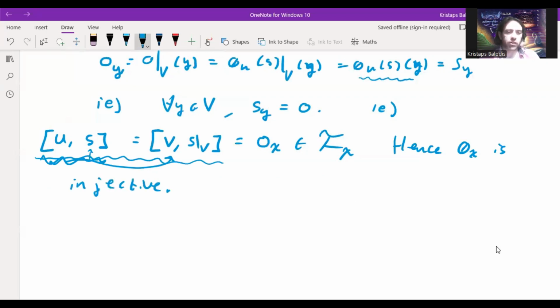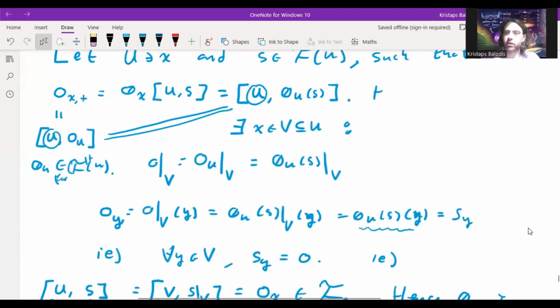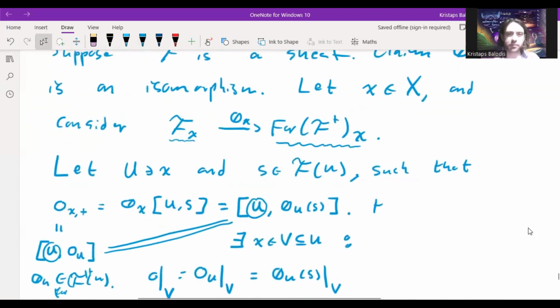Okay, so I know that's a little confusing, but this is a very instructive proof about how things normally go with sheaves. We can check things on these local levels, on stalks and germs and whatnot.